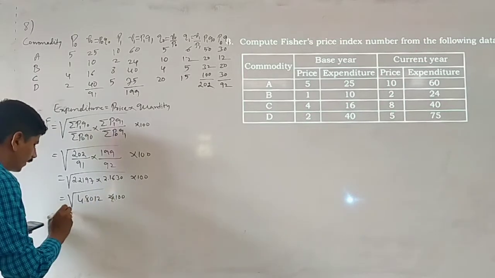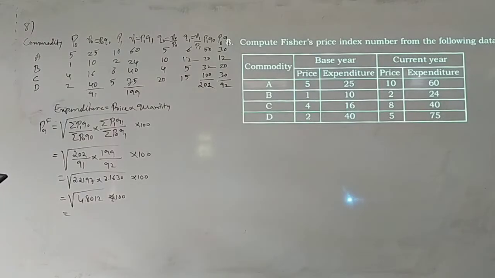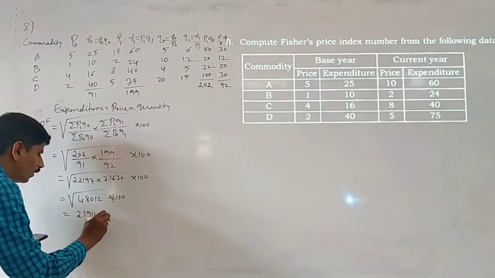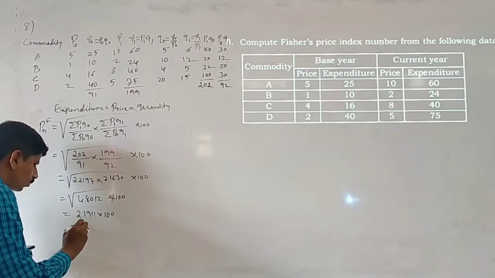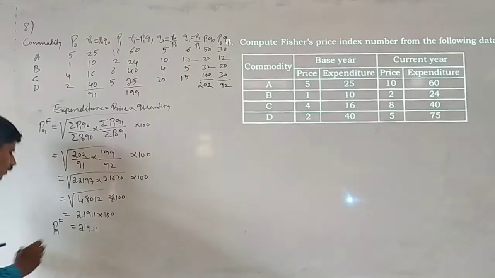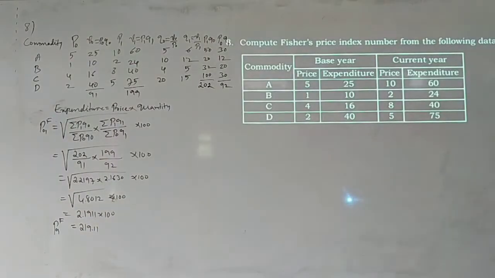The root of 4.8012 is 2.1911, into 100, then we get 219.11. Fisher's index number P01F is 219.11. It is Fisher's price index number. Okay, that's what it is.